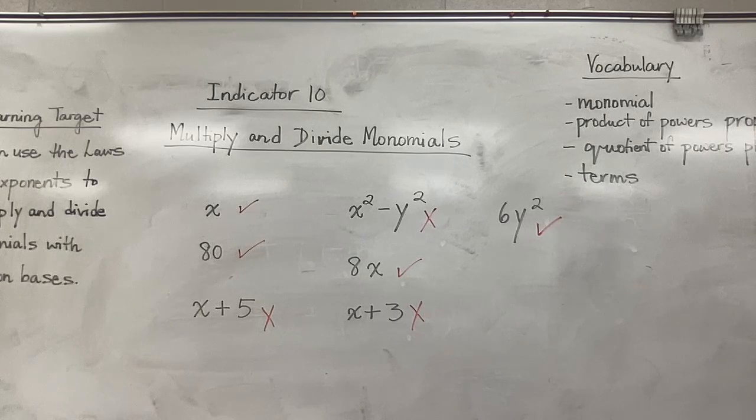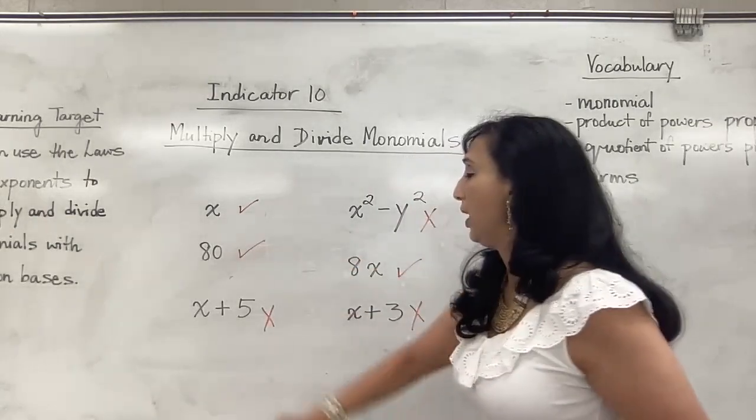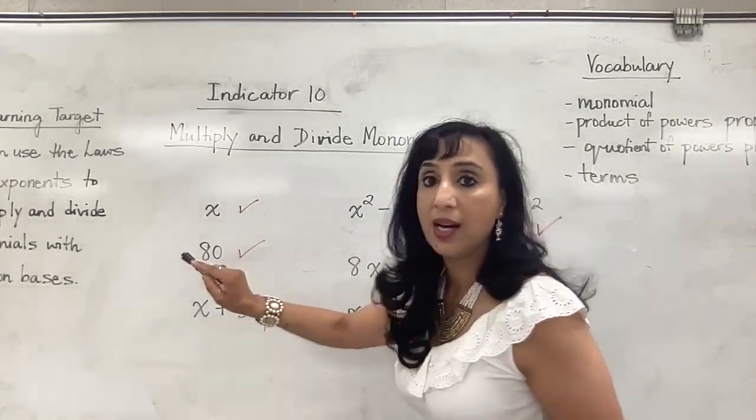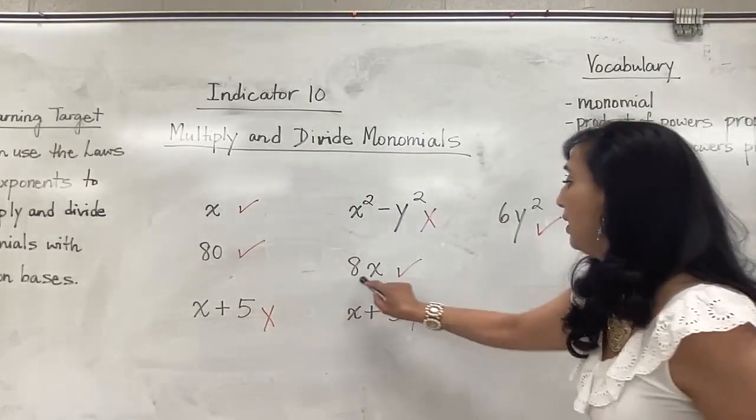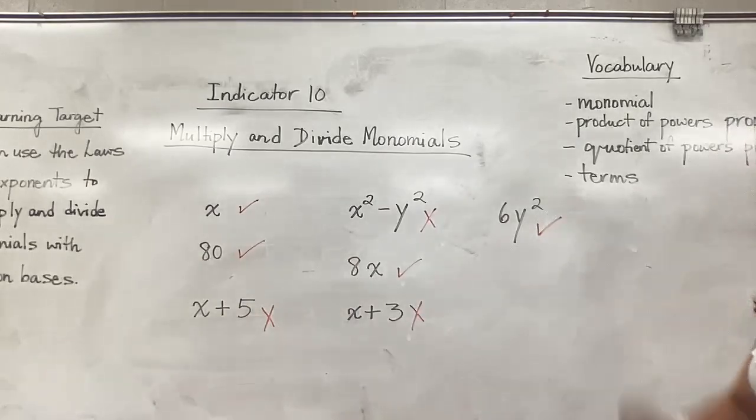And so basically, what is it? A monomial is a number, a variable, or a product of a number and one or more variables. So it can be a variable, it can be a number, or a product of a number and variables.